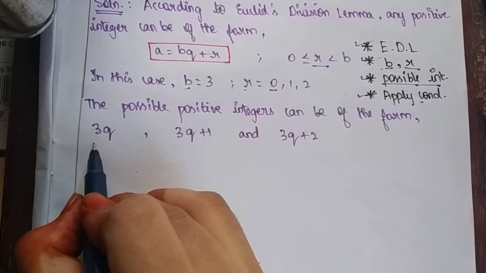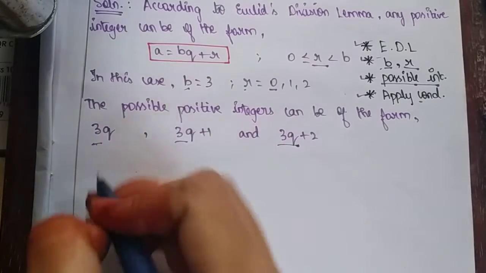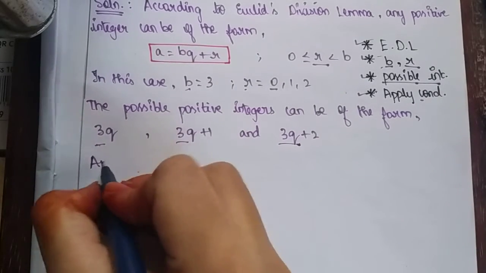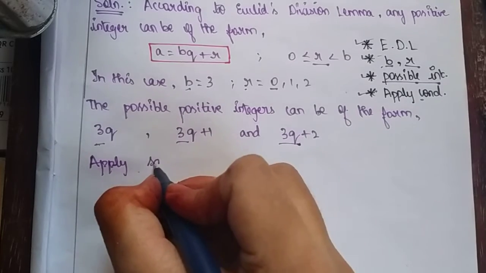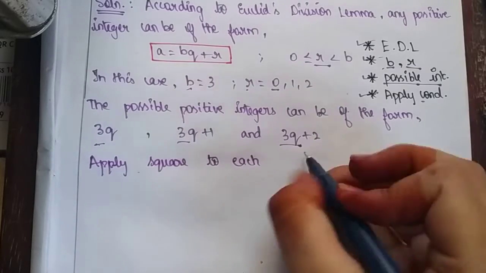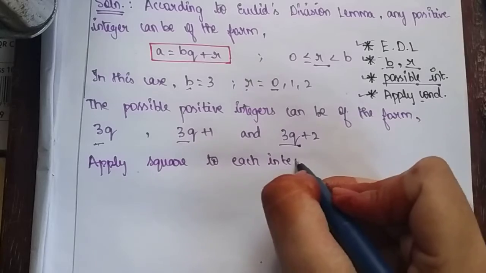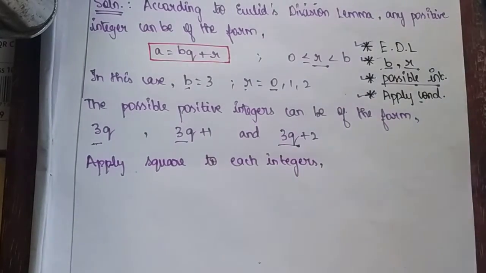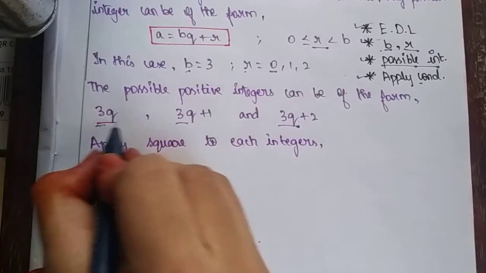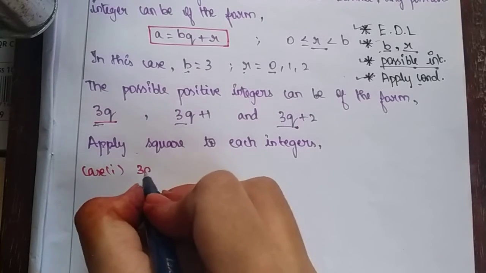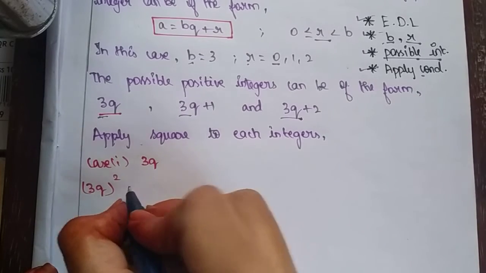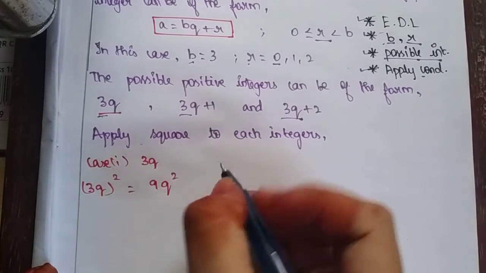Now here we have the positive integer values, so we have to apply square to each of these integers. Here case 1, take the first integer value 3q. I am now squaring this. So 3q the whole square gives 9q square.